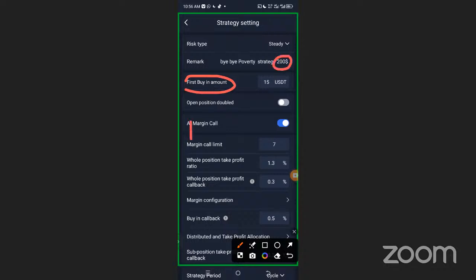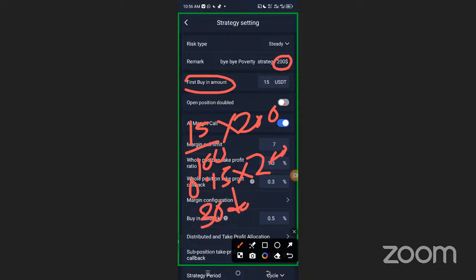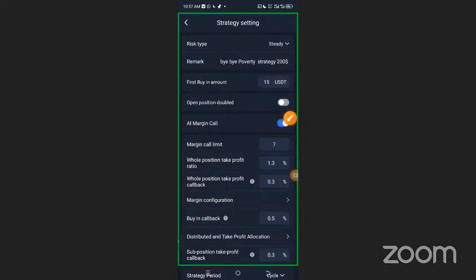We said you are going to use 15% of 200 dollars as your initial first buy in amount, which is 0.15 times 200 dollars, giving you $30. $30 becomes your FFBA. It is the first buy in amount you are commanding your robot to go with in the market. Therefore, here we are going to put 30.